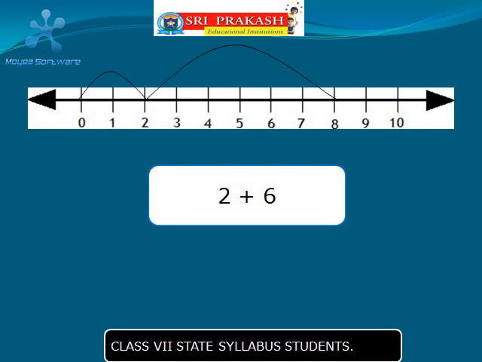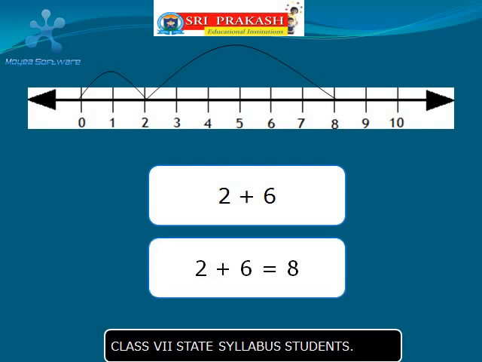So from 2, we have to move 6 units or 6 spaces towards right. 1, 2, 3, 4, 5 and 6. We reach at 8. So the answer for 2 plus 6 is 8.